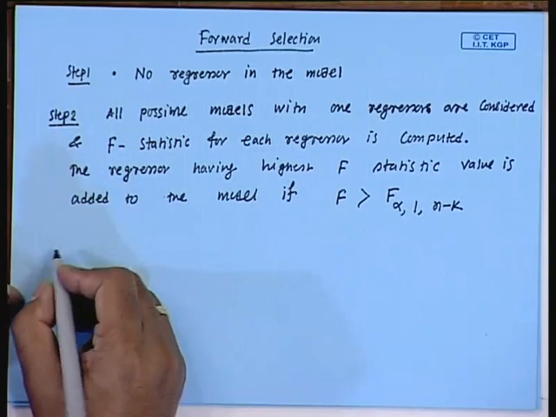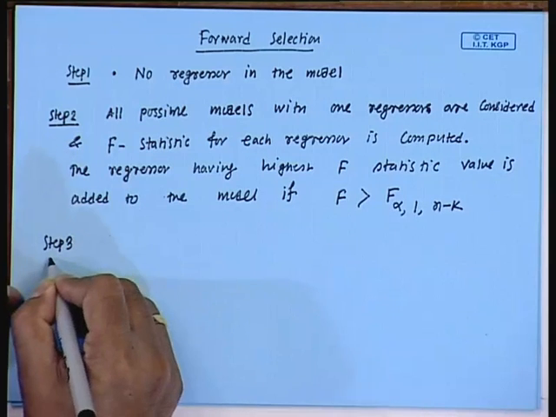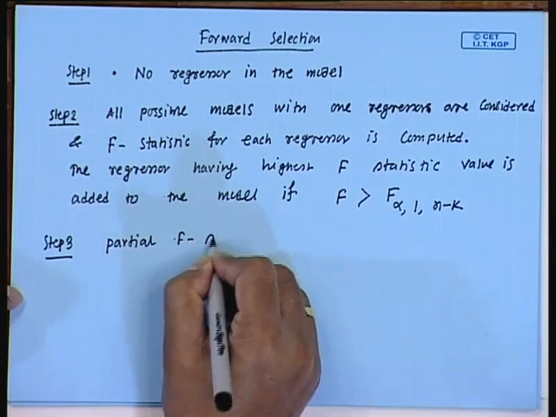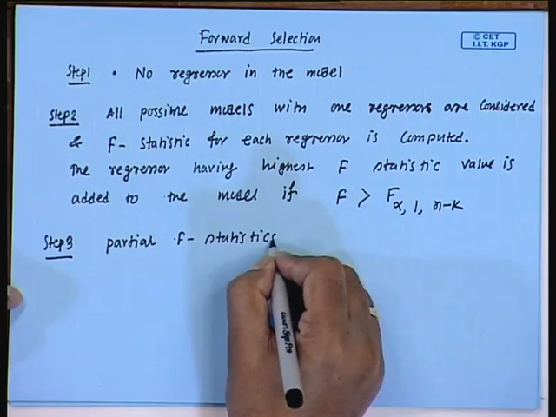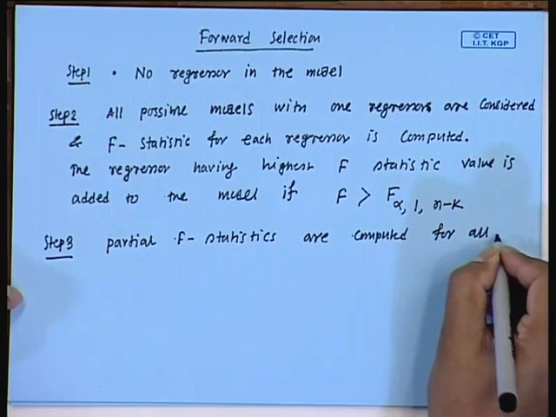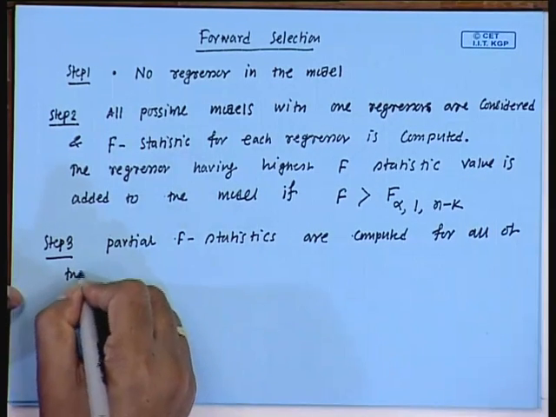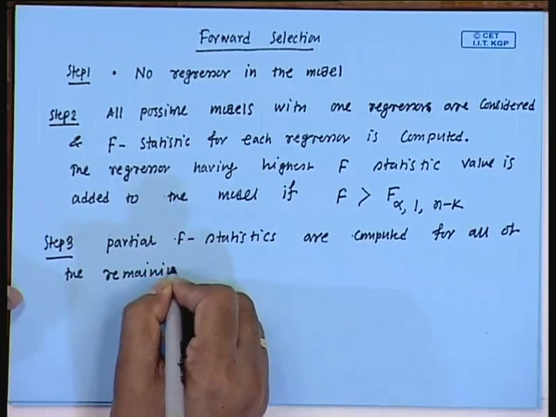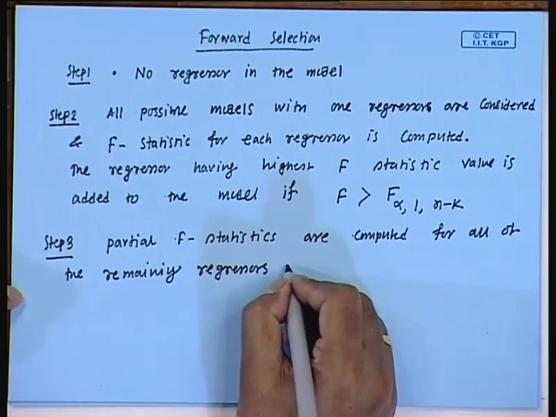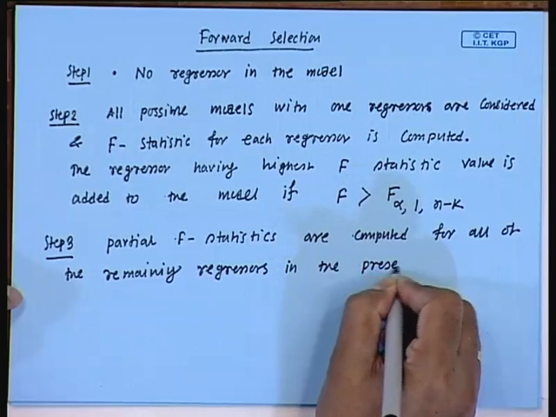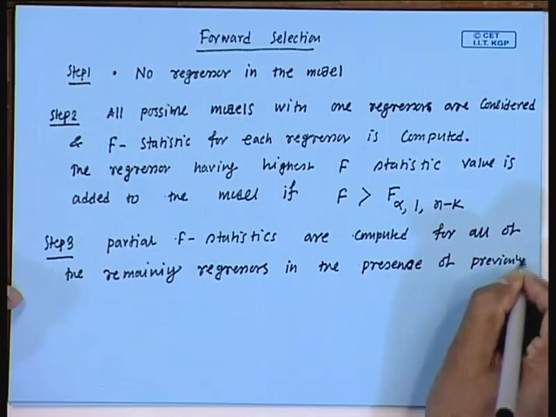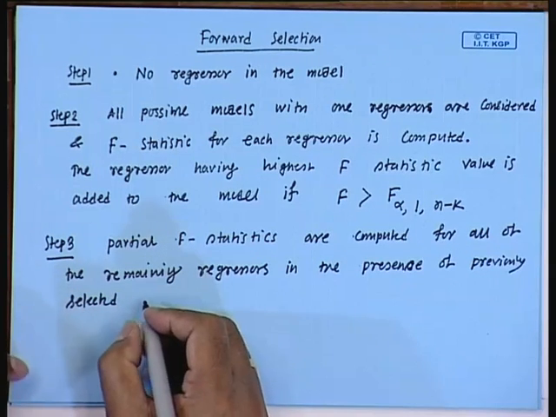Let me just write down the algorithm first, and then step 3: partial F statistics are computed for all of the remaining regressors in the presence of previously selected regressors.